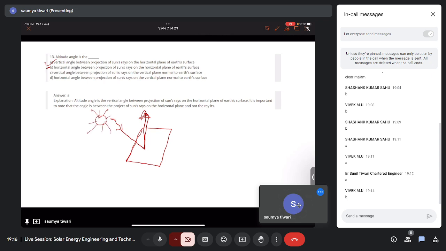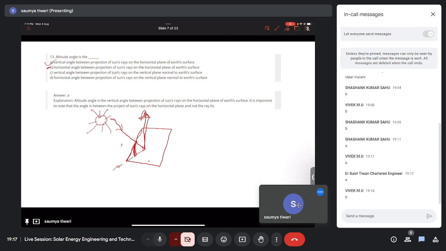So altitude angle was the vertical angle. If you project this solar radiation onto the horizontal plane, say this is the projection, the altitude angle is the vertical angle between the projection of sun rays on the horizontal plane of the surface. So this was your altitude angle, right?